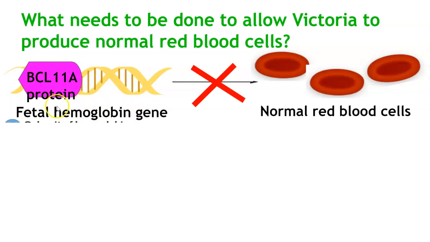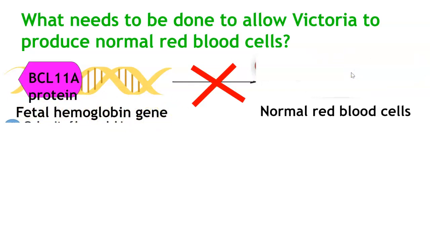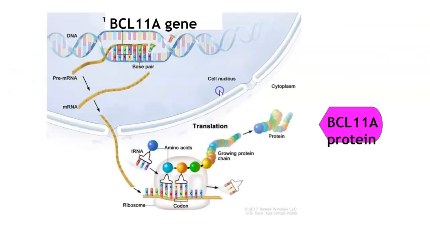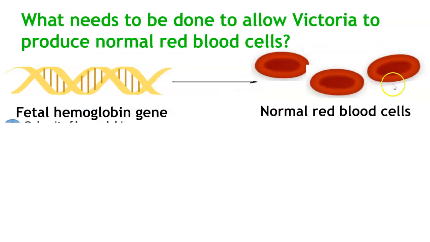It says, don't read the instructions on how to make fetal hemoglobin anymore, so that's shut down. Bummer. Not working. So what we need to do is get rid of that protein. That takes the brakes off, and we now have normal red blood cells again.